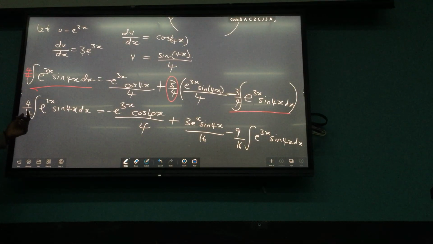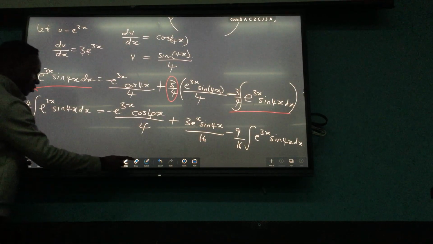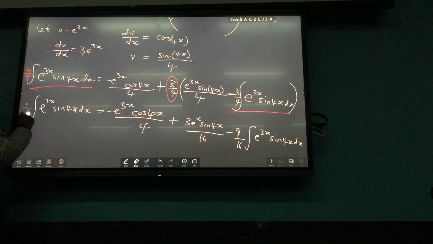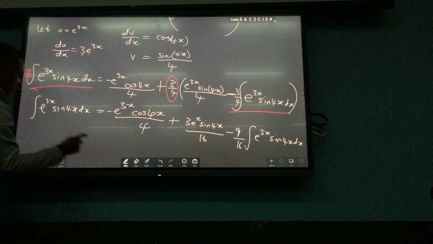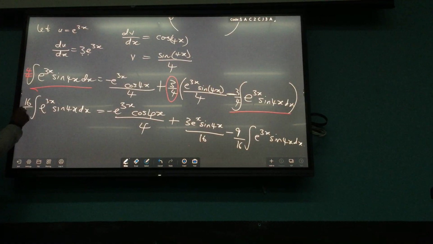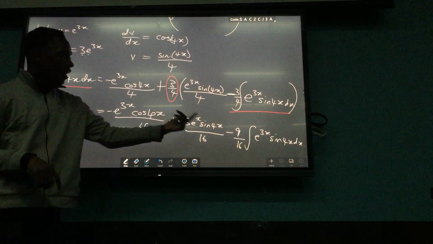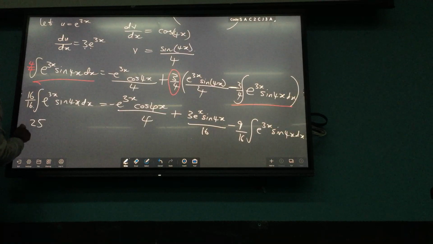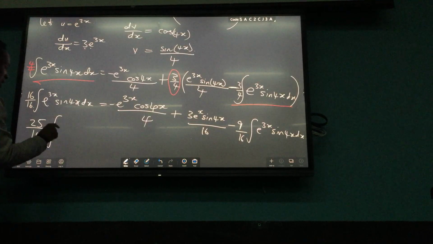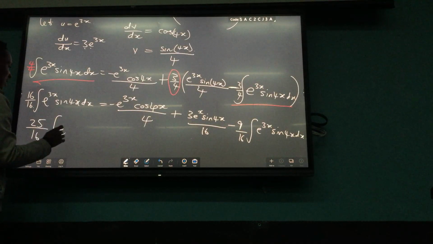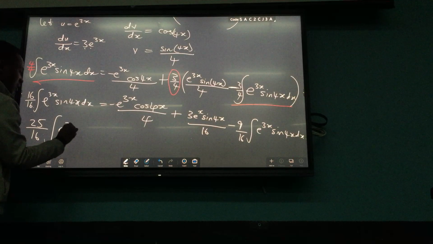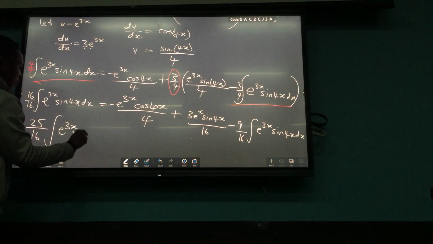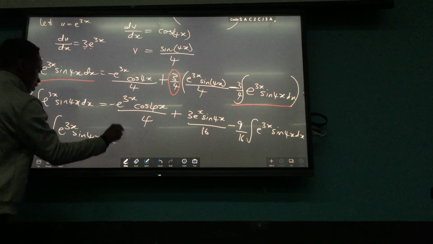So let's change this to 16 over 16, because we want the denominators to be the same. So you have 16 over 16 cows and 9 over 16 cows. You are going to have 25 over 16 cows, which are the integrals. So it's 25 over 16 integrals, which is e to the 3x sine 4x dx.